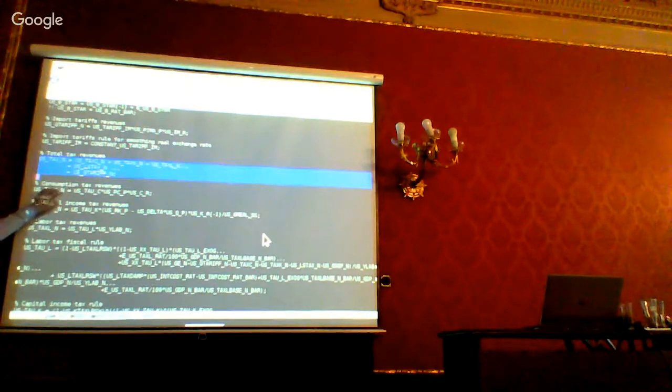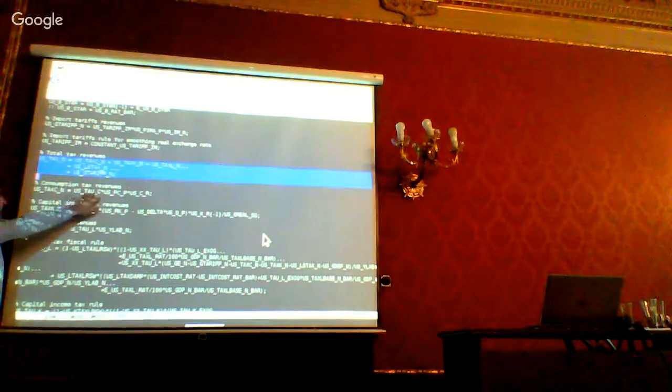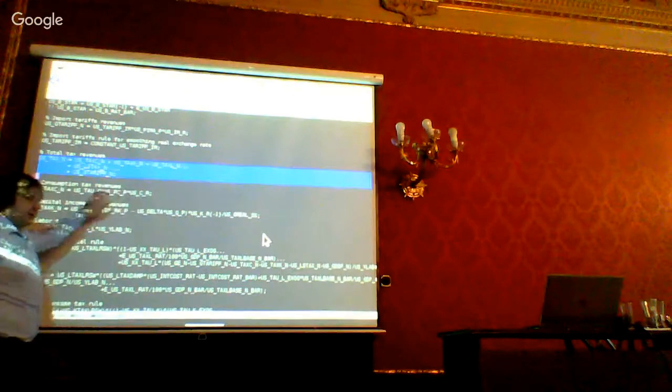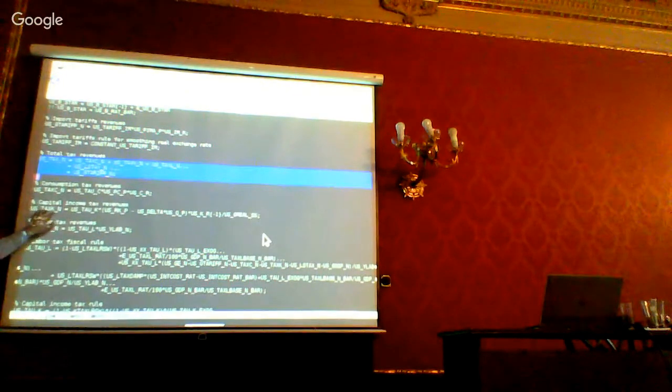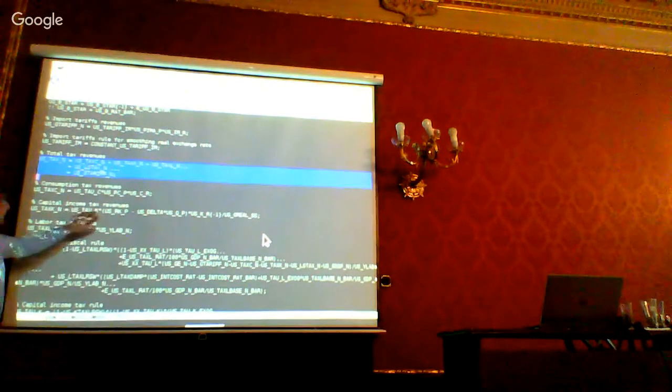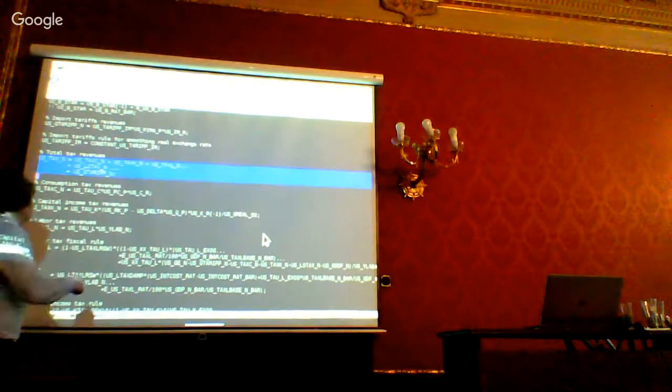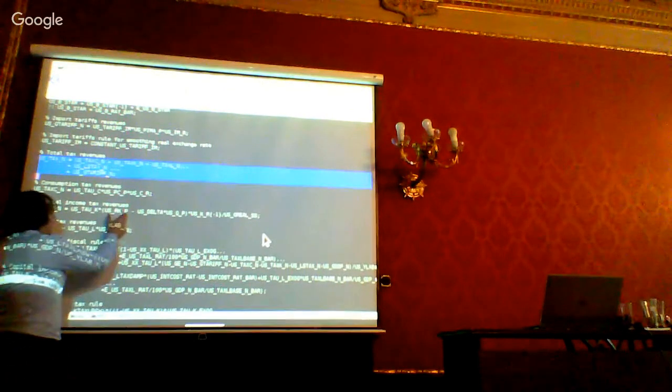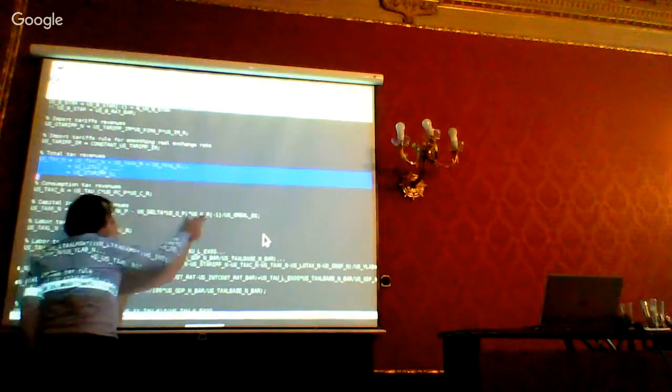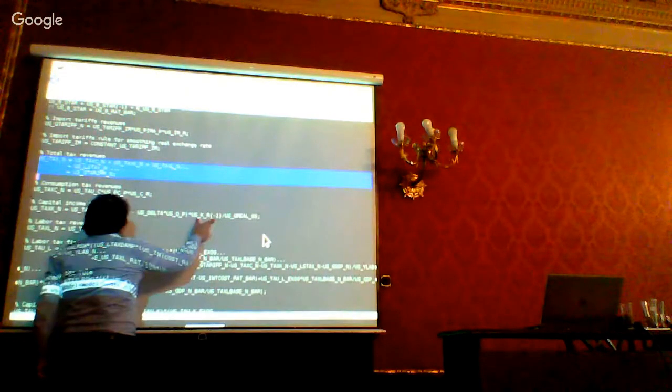The tax revenues on consumption is the tax rate times the nominal consumption, right? Tax revenues on capital is the tax rate, now it is the rental rate of capital, applied on the capital.